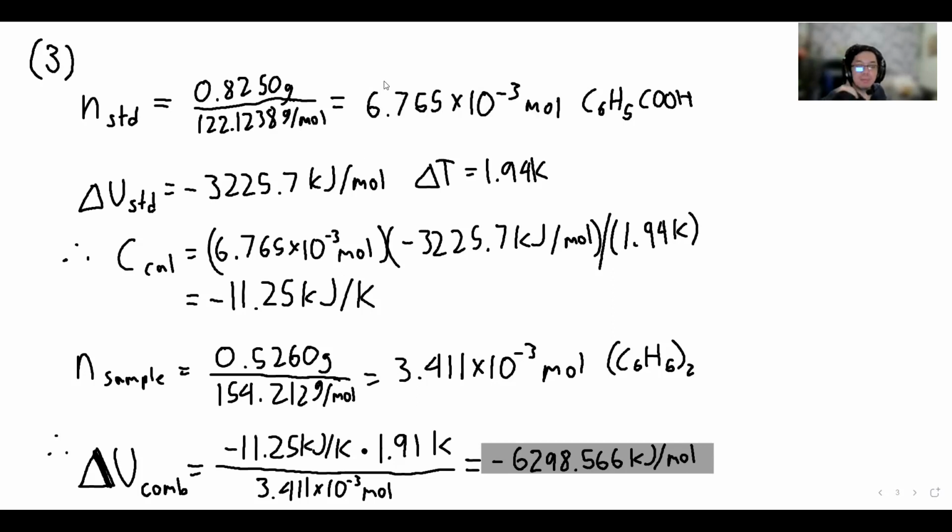Tapos after that, may mga given naman po na yung delta U standard, tsaka yung delta T. Tinigay naman po yun. So, we can calculate then the heat capacity. What's the formula again for Ccal, delta U, and delta T?